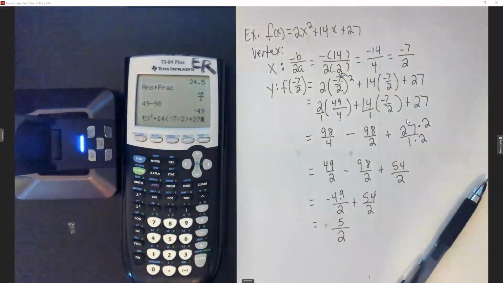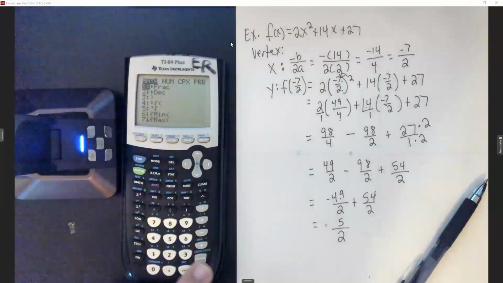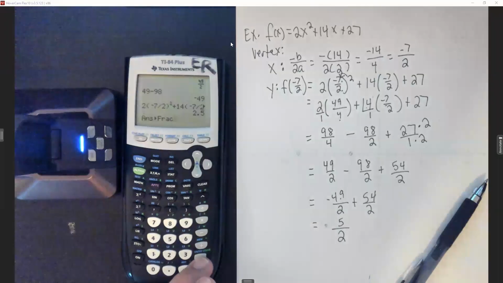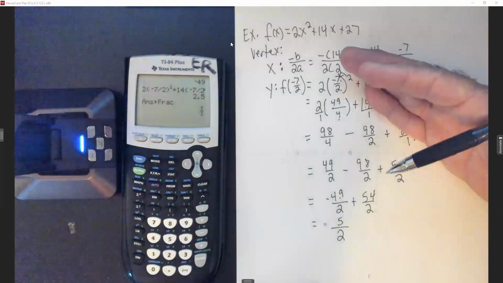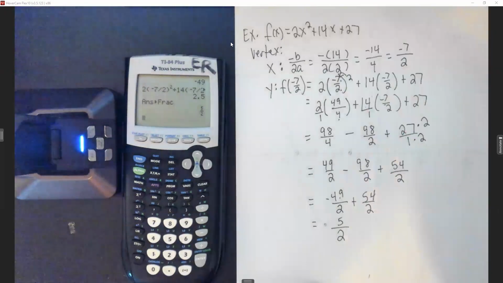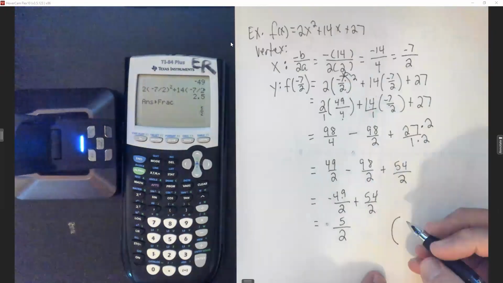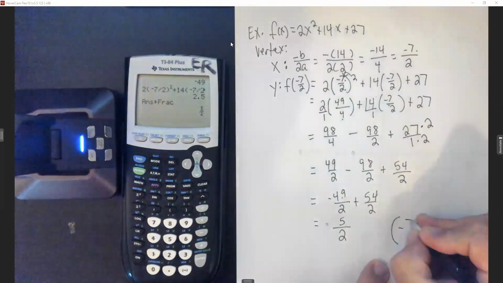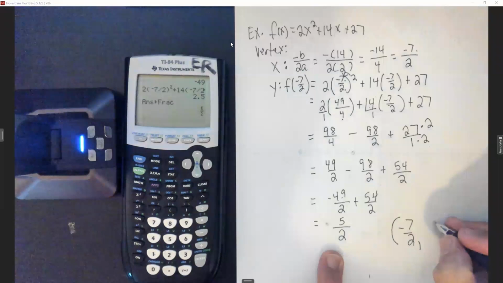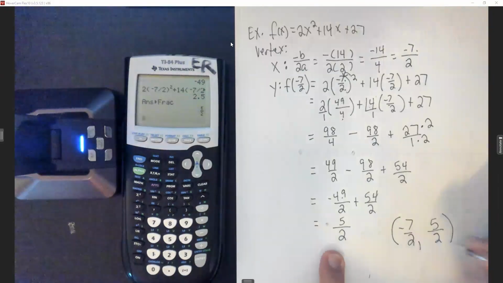So when I hit enter, remember it's going to give me a decimal, so I just hit math and enter twice, and it gives me the 5 halves. So hand way or calculator, either way. So my x value was the negative 7 halves, the y value was a positive 5 halves.